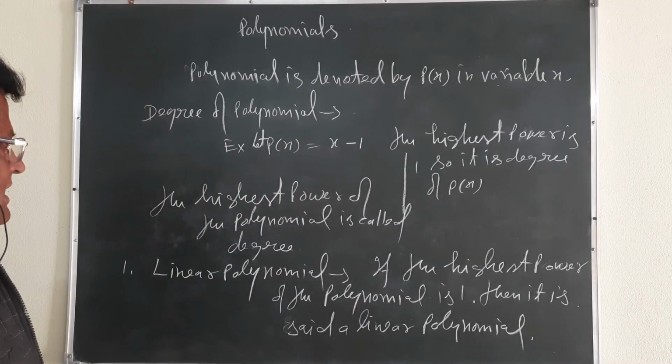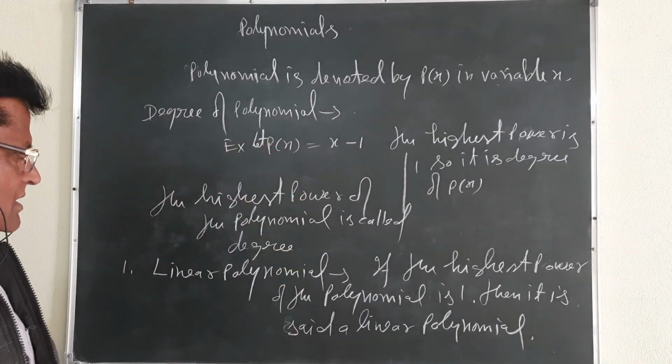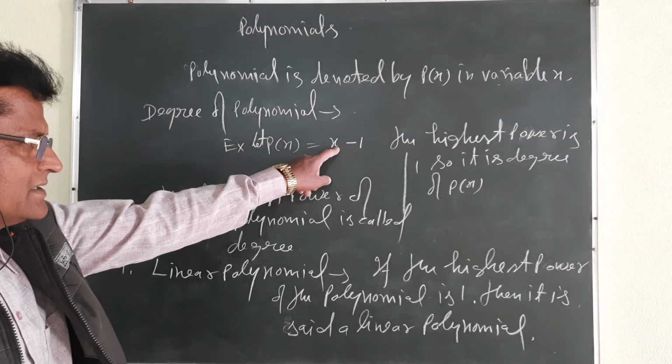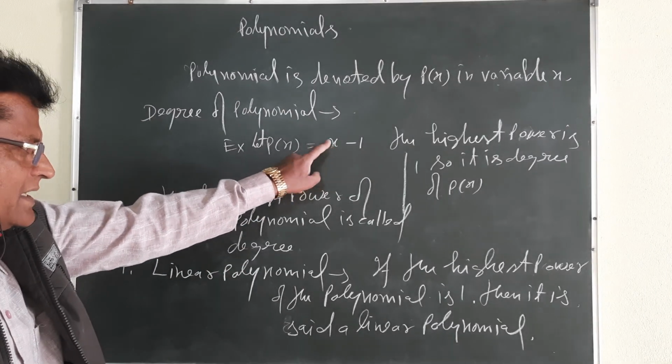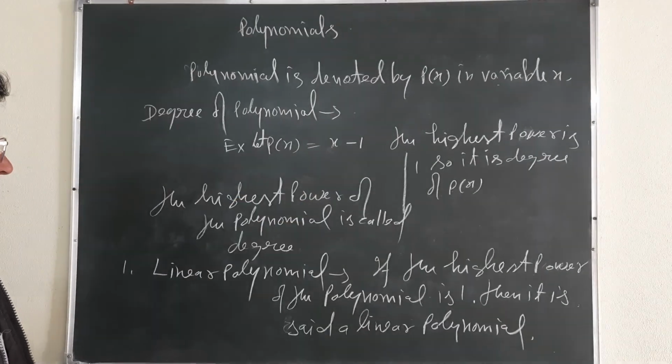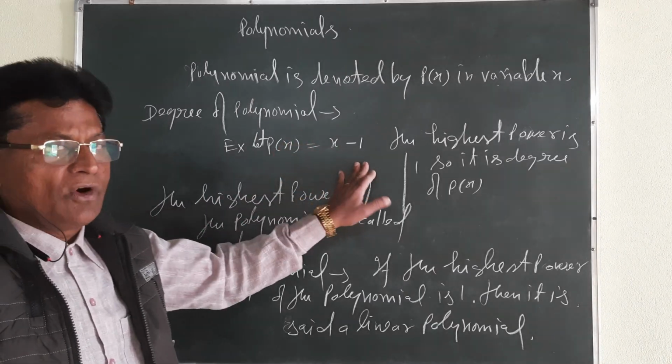That is why it is a linear polynomial, because its degree is 1. Degree is 1, that is why it is an example of linear polynomial.